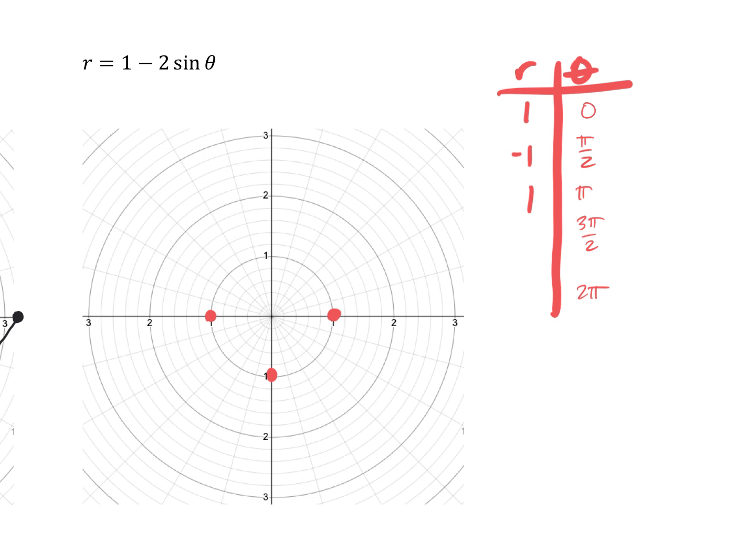Sine of 3 pi over 2 is negative 1. Radius is 3. Right, so 3 pi over 2, 3 is down here. Likewise, 2 pi. Take this one.